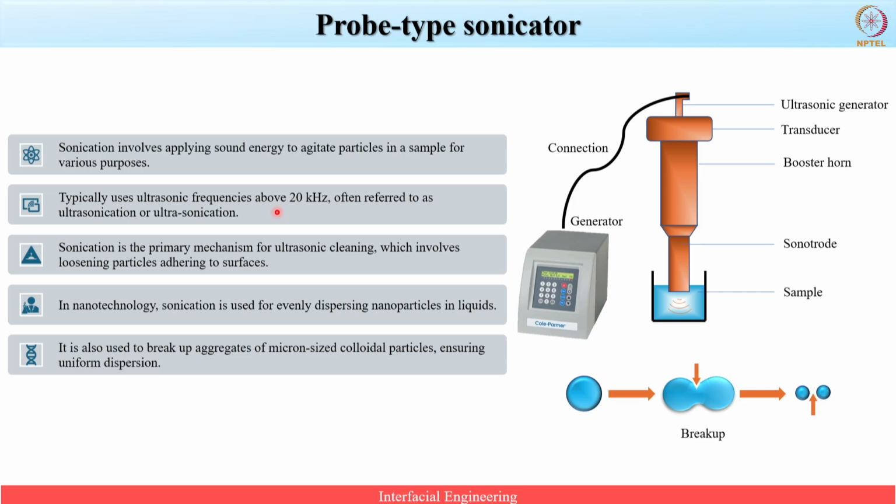Originally, such devices were deployed for cleaning purposes, especially for items like glass slides or sample containers. In nanotechnology, these devices are indispensable for dispersing nanoparticles into liquids. It can also break up aggregates of micron-sized particles, ensuring uniformity.